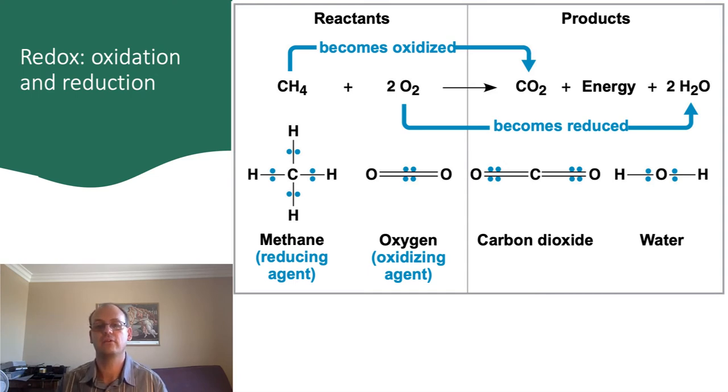When methane reacts with oxygen, the result is carbon dioxide. The carbon-oxygen bonds in carbon dioxide are very polar, with oxygen attracting the electrons much more strongly than carbon. Therefore, we can say that the carbon in methane has been oxidized. That is, it has lost electrons as those electrons move further away from the carbon atom towards the oxygen atoms.